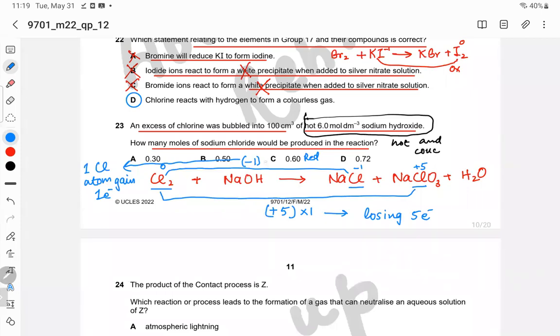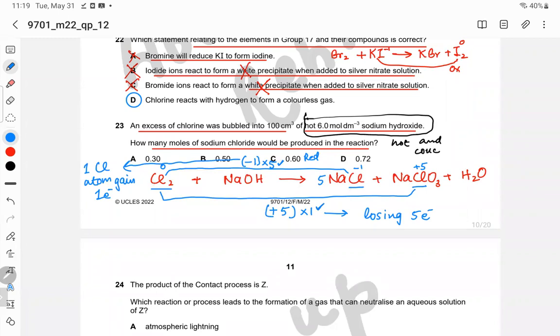So for that purpose, I have to multiply this change with 5. If I multiply this change with 5, I have to place the coefficient 5 over here in the product, and on the reactant side both chlorines are combined. So 5 chlorines from here and 1 chlorine from here gives us 6 chlorine atoms.